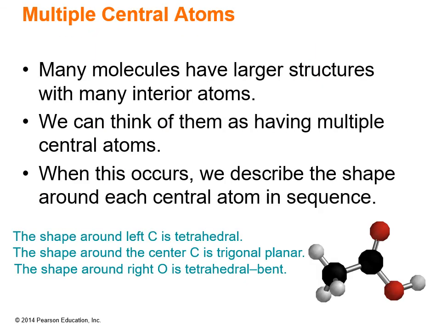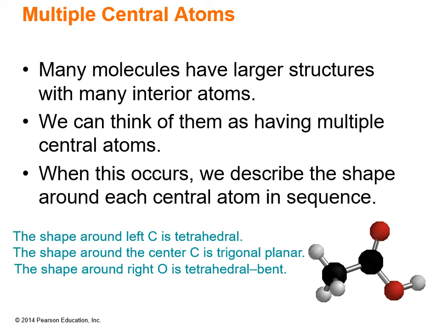When we start looking at larger molecules, we can think of that larger molecule as being broken down into different pieces that have different molecular geometries around each piece. So we can think about it as having multiple central atoms. And we describe the shape around each central atom in sequence.